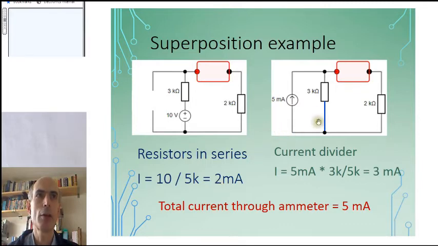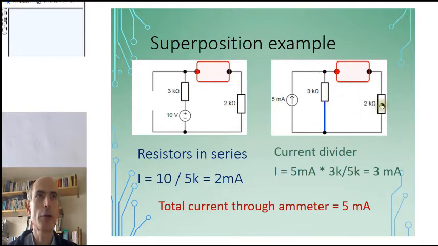Secondly, we can set the voltage source to 0, and that means replacing the voltage source by a wire, because a 0 voltage source works like a wire. Just considering the effect of the current source here, this is now a current divider.